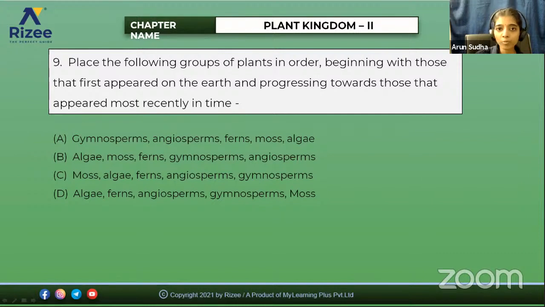So what will be the correct option? Yeah, good. It is option B, because the first is algae, aquatic, then slowly evolving into land plants, then ferns, which come under the group Pteridophytes, then seed-forming plants, then comes the flowering plants. So B is the correct option.